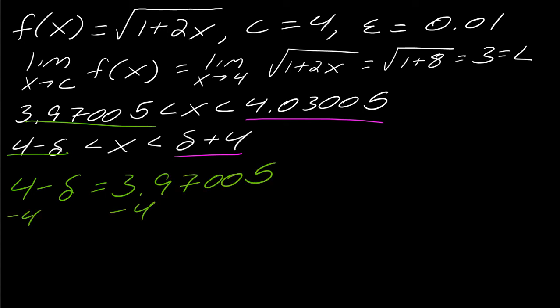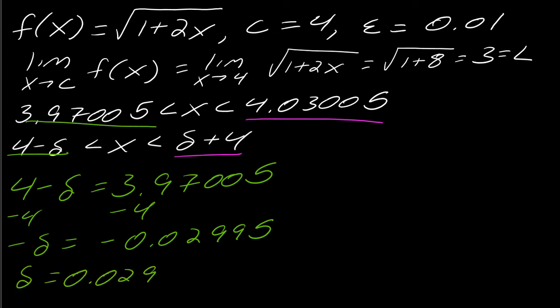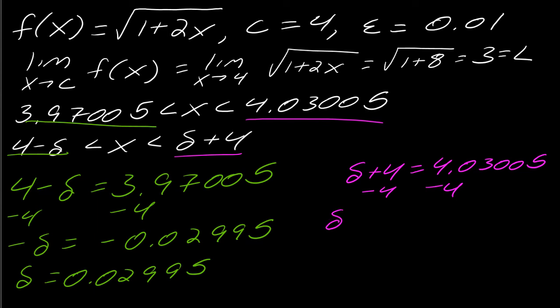Then I can subtract the 4 off to get negative delta equals negative 0.02995, which means that my delta equals 0.02995. In this other case, I've got delta plus 4, which equals 4.03005. If I subtract off the 4, I get that delta equals 0.03005.